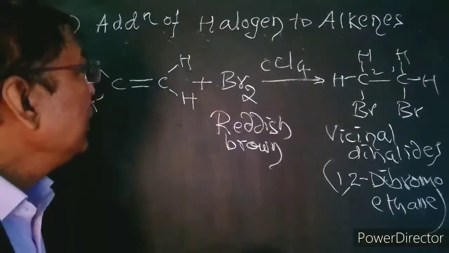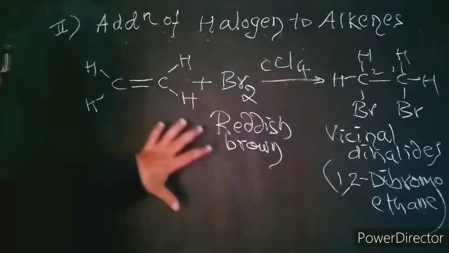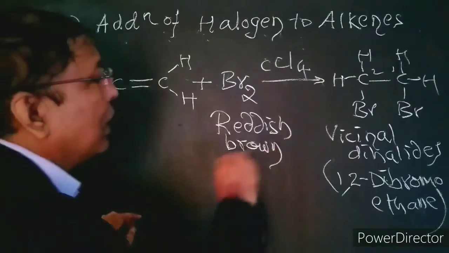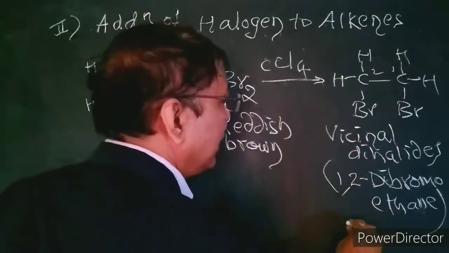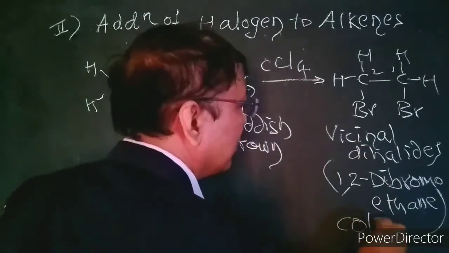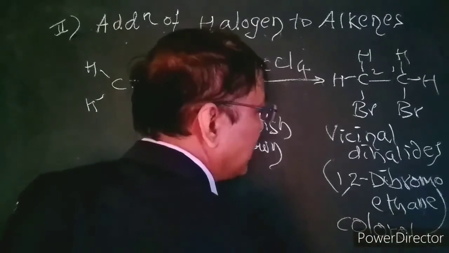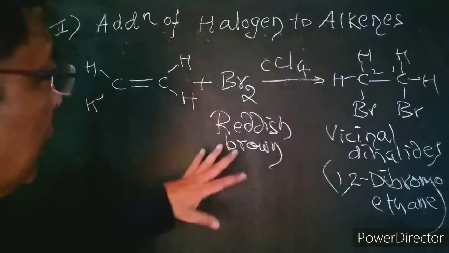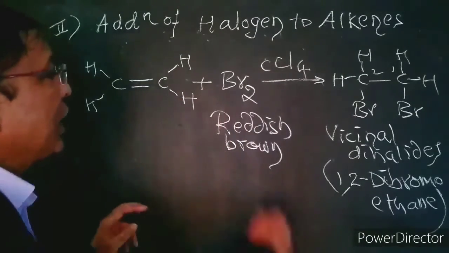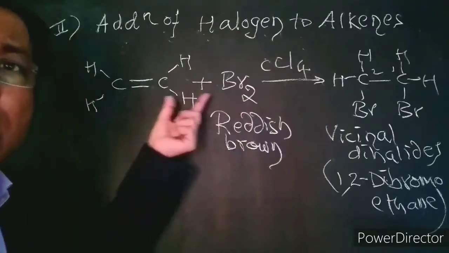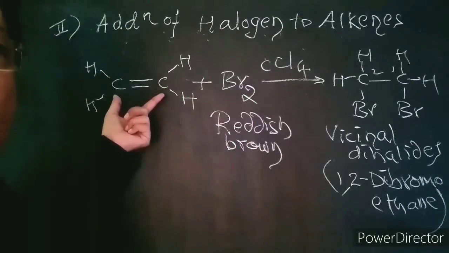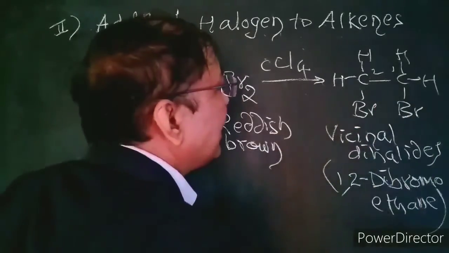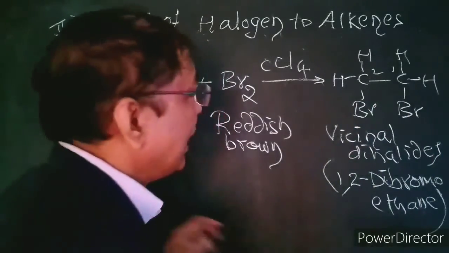Therefore, when bromine is added to alkenes, the reddish brown color of bromine disappears and we get the product which is colorless. In this reaction, bromine has reddish brown color, and when it is added to unsaturated hydrocarbons such as alkenes, the vicinal dihalides are formed, which are colorless.